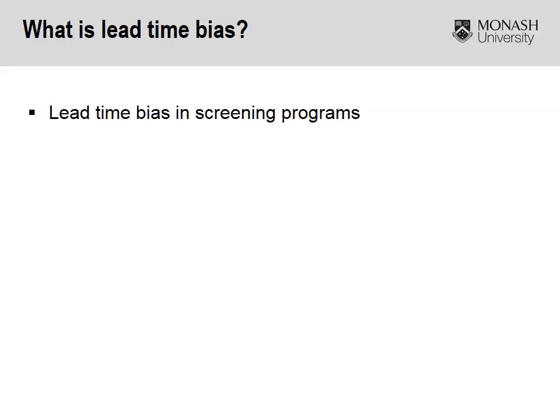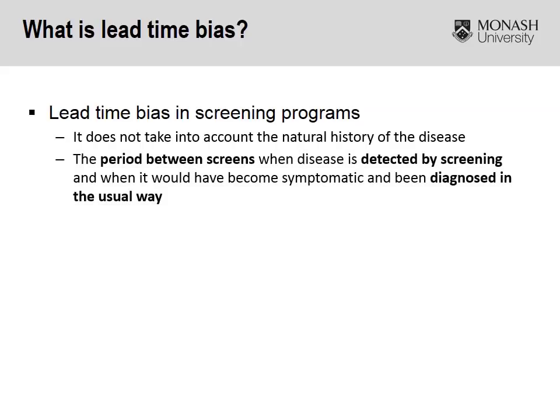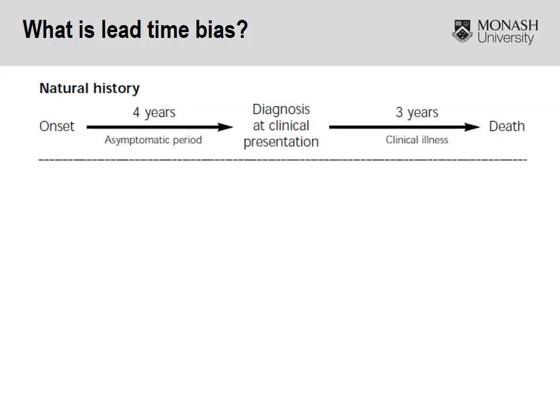So the second bias that we wanted to discuss is lead time bias. Lead time bias again makes a screening program look potentially better than what it is, and the way it does that is because it doesn't take into account the natural history of the disease. We'll provide an example here.